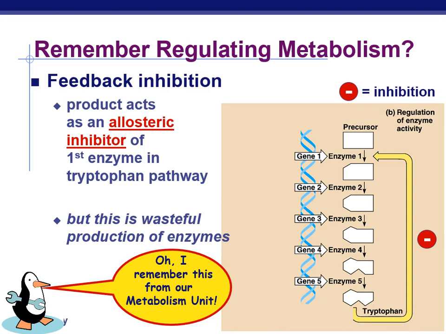So feedback inhibition, remember it's a metabolic pathway, and again it's a way to stop the making of certain enzymes in a pathway so that we're not wasting energy. And this works well for us, but if you think about it, we have these enzymes that are in our cells. They're just being blocked right now.